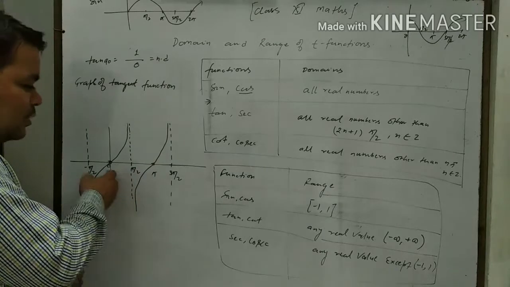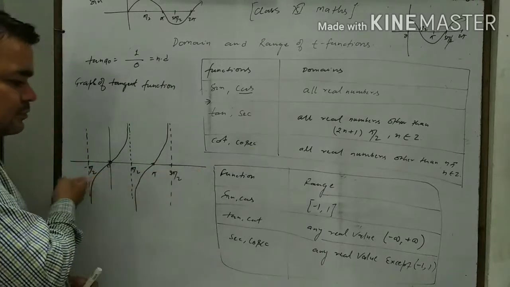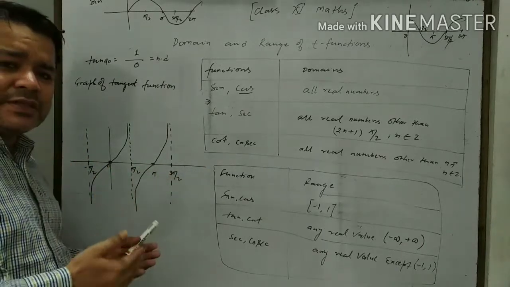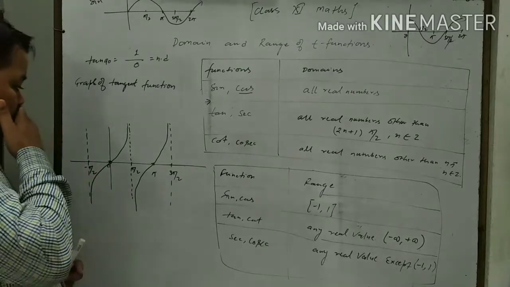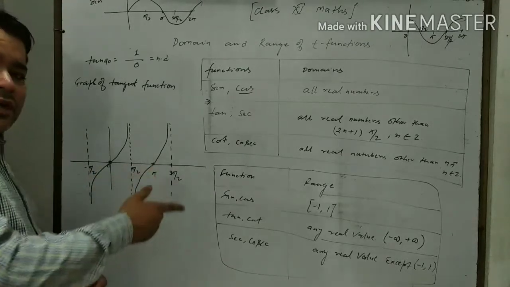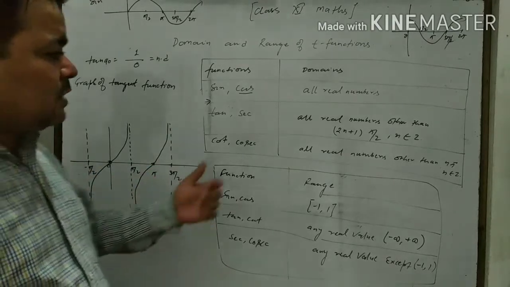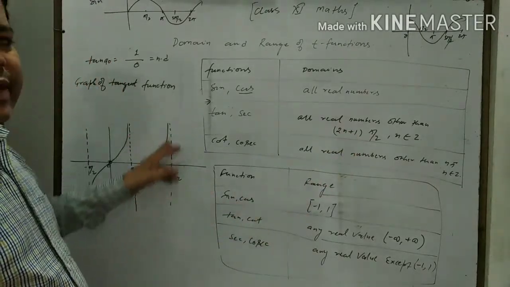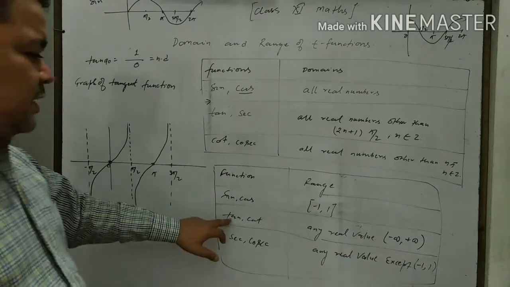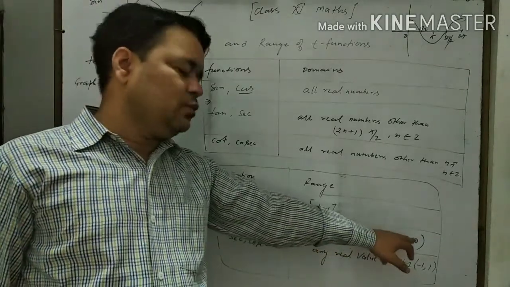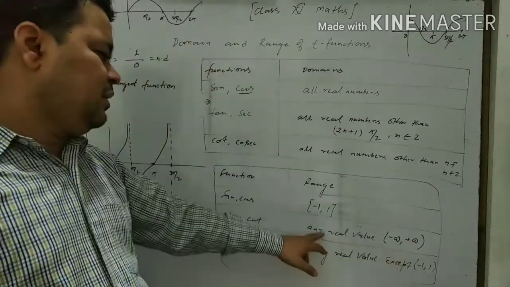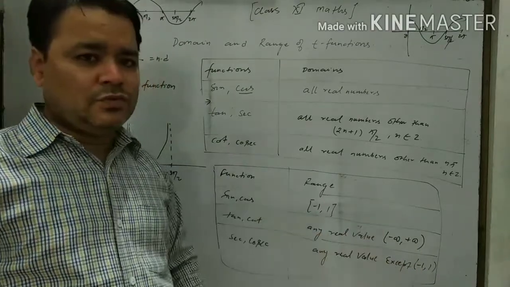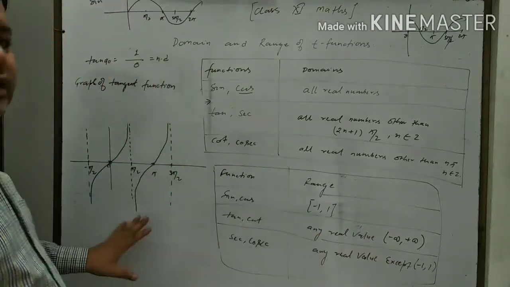If we take any value of domain, means if we take any value of x, any value of theta, then we get some value, but at the odd multiple of pi by 2, it will be infinite. Therefore, its range will be minus infinite to plus infinite, or we can say any real value. Getting? I think it's clear now.